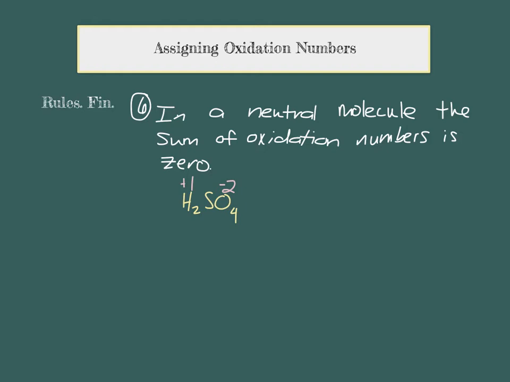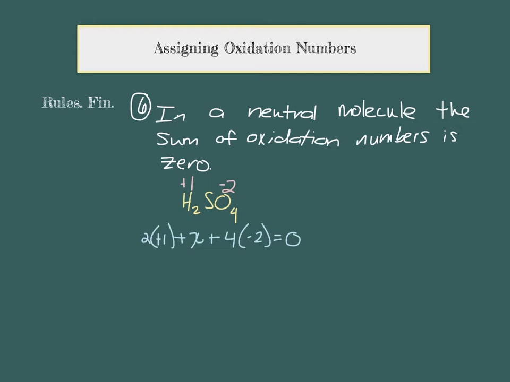That gives me a little bit of an algebraic equation to play with. I have 2 +1s, a mystery number, and 4 -2s. All of these oxidation numbers need to add up to 0.